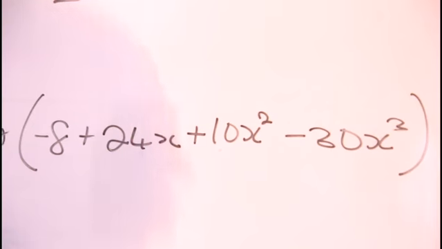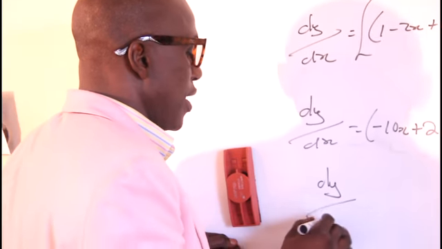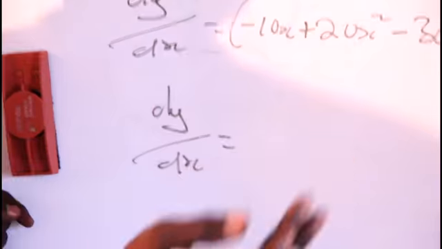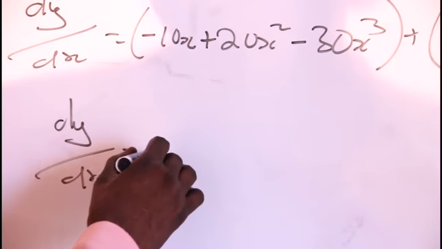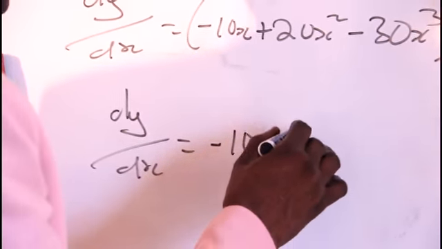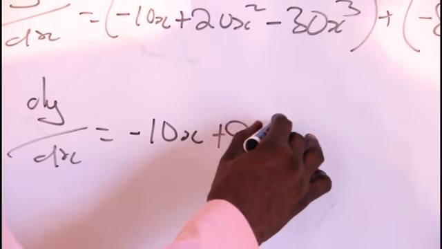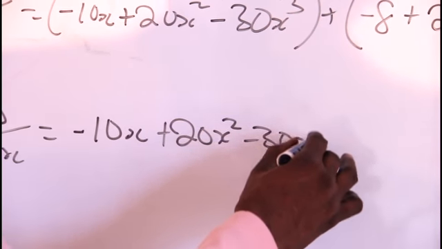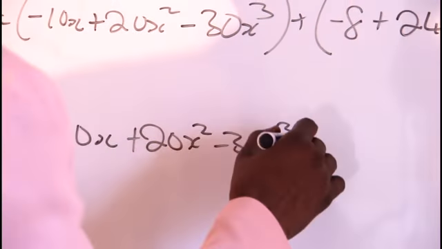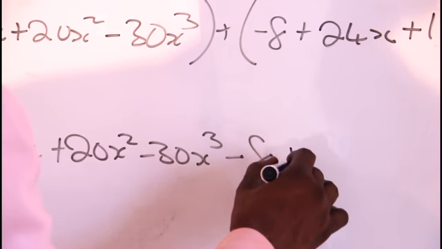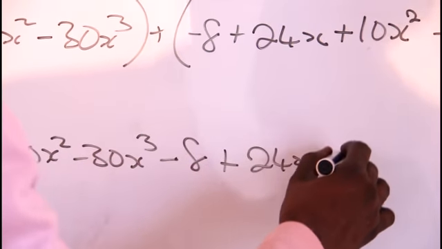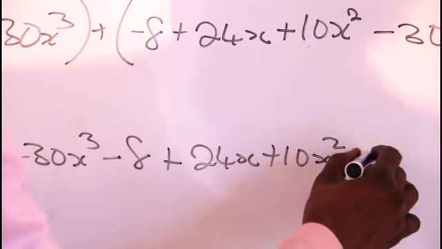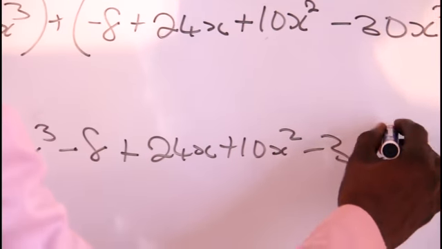Yeah? So with this now, what do we need to do next? Now we have dy over dx will be equal to, let's expand the brackets. We end up having minus 10x plus 20x squared minus 30x cubed. Then we now have minus 8 plus 24x plus 10x squared minus 30x cubed.